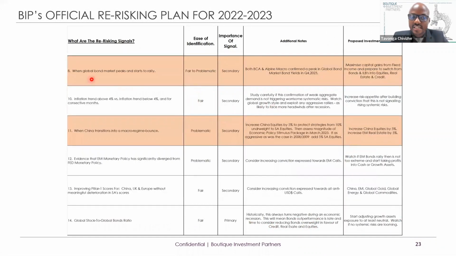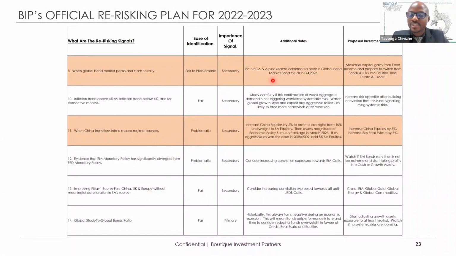Another trigger that was triggered was that aggressive sell-off in bonds, triggered by the US equity market and by the UK gilt market. And essentially, a call was made again by BCA and Absa Macro that as far as this cycle is concerned, it was unlikely that bonds were going to go higher than the 4% they reached last year.